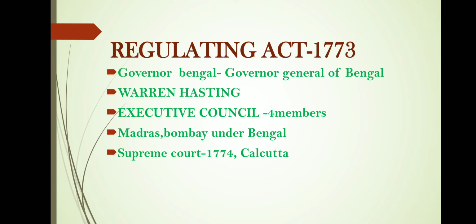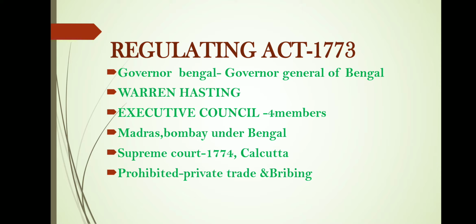A Supreme Court was established in 1774 at Kolkata, comprising 1 Chief Justice and 3 other judges. Next, it prohibited private trade and bribing.